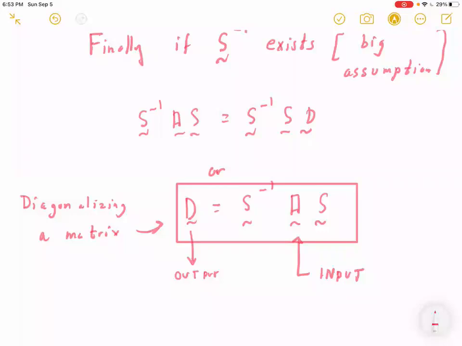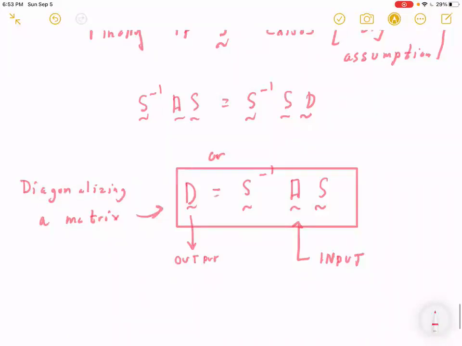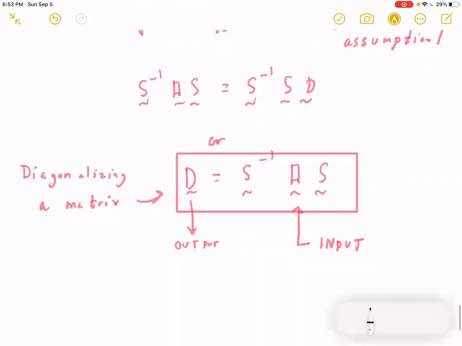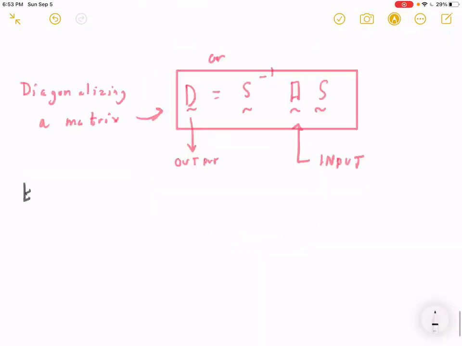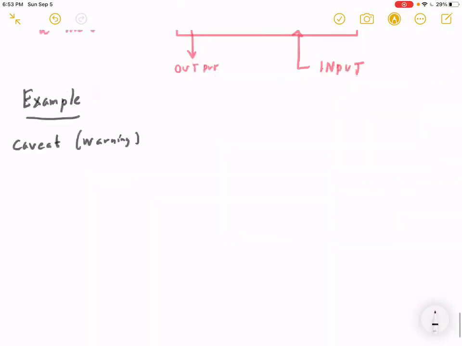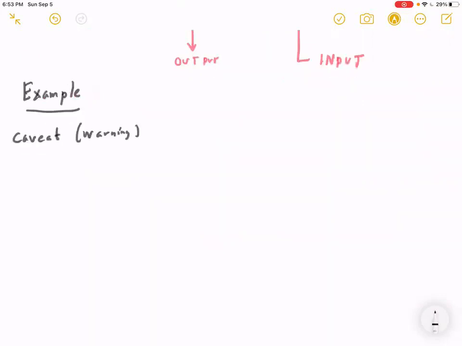So what I'd like to do to conclude today's lecture is go to an example with the caveat or warning that I will give you lots of examples in problem set 11 and even 12 in diagonalizing matrices.